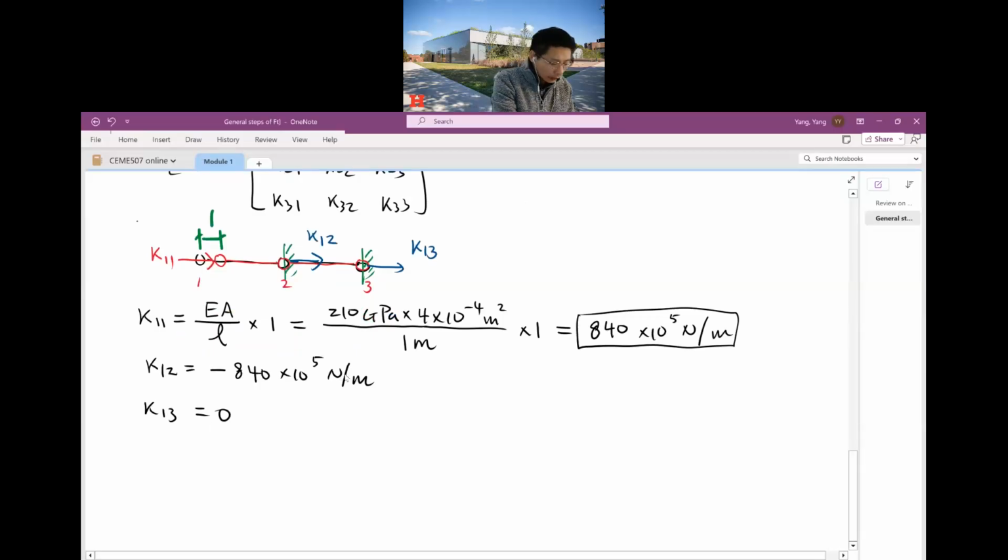Okay. So similarly, we should be able to get the K21 and the K22, using the same procedure.